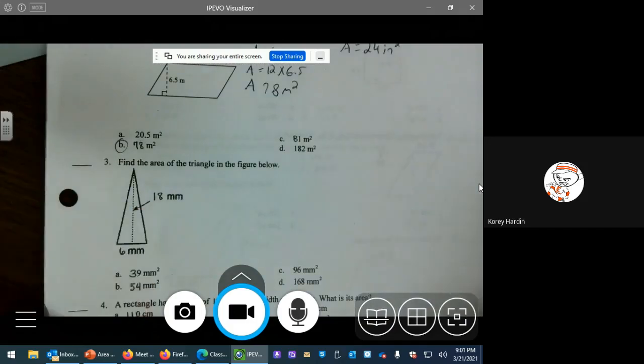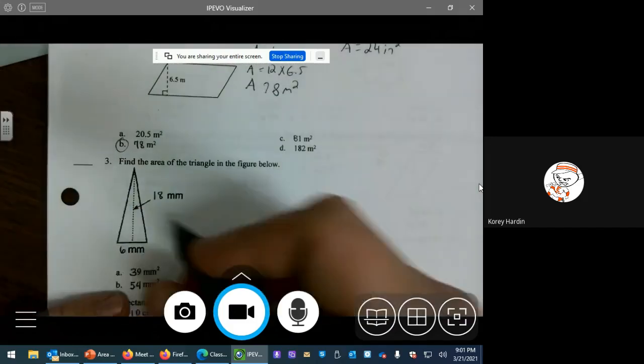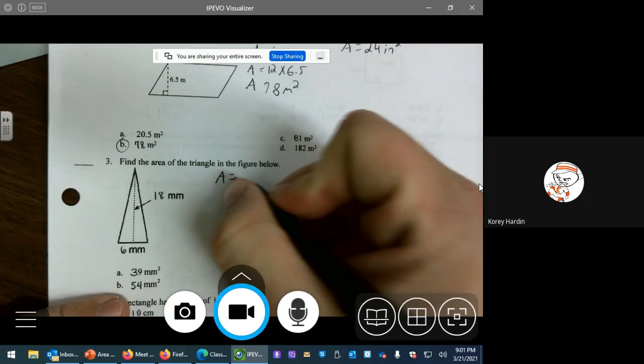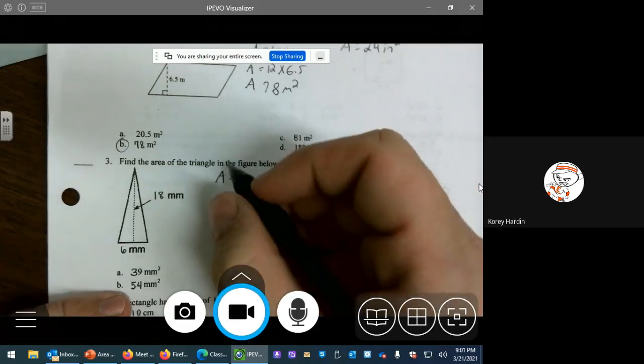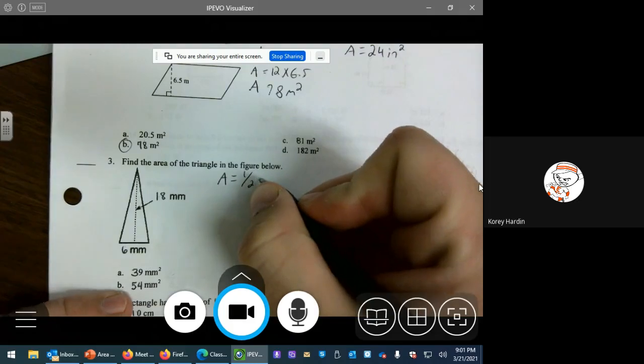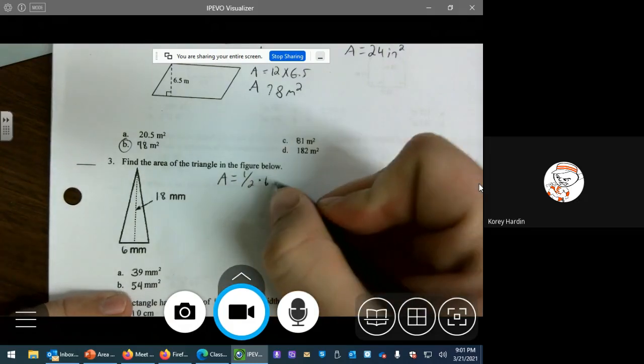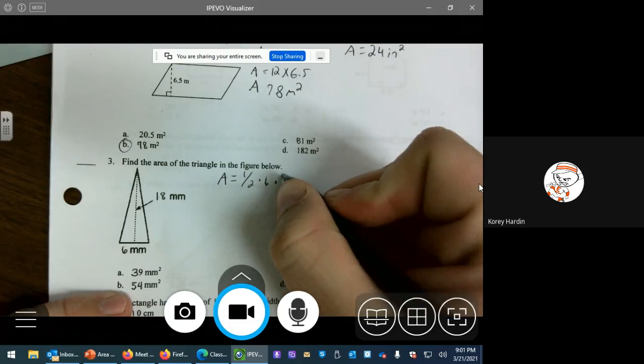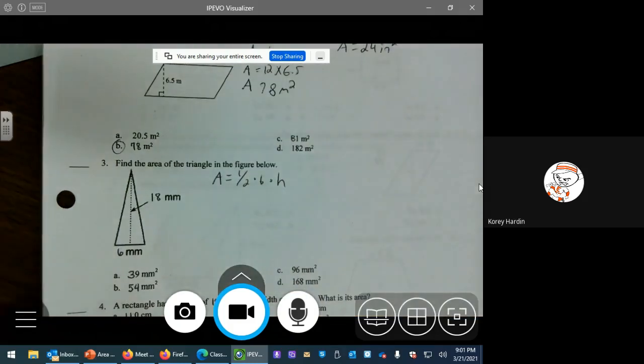All right, let's go to number 3. Find the area of the triangle in the figure below. So the area of a triangle, I've got area equals 1/2 times base times height. Okay, 1/2 times base times height.